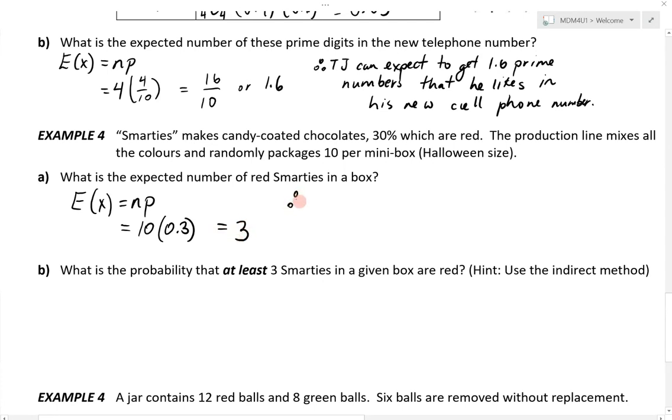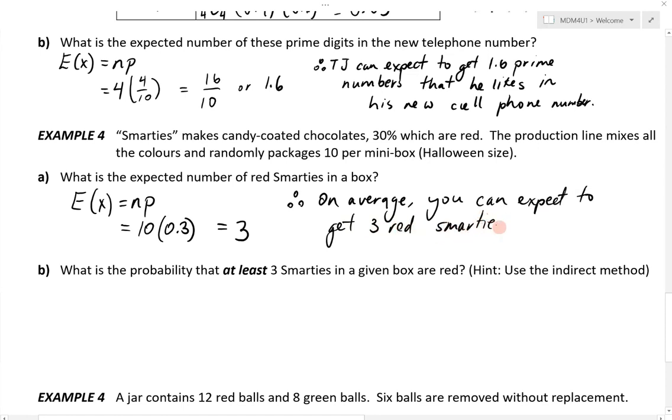So therefore, on average, you can expect to get 3 red Smarties per box. Okay.